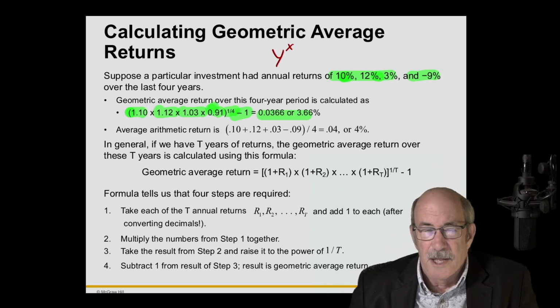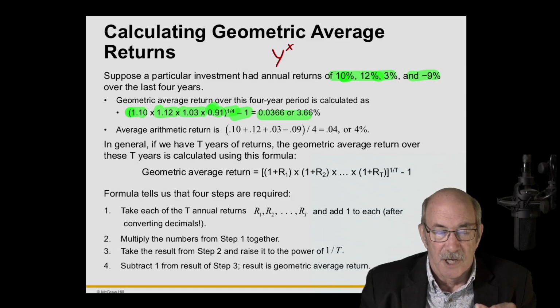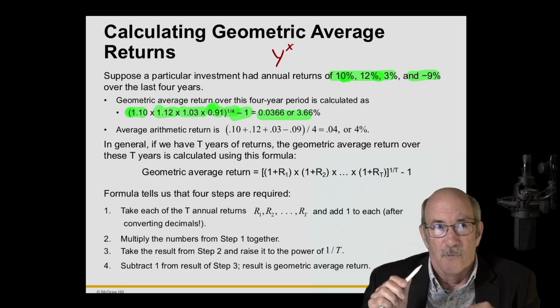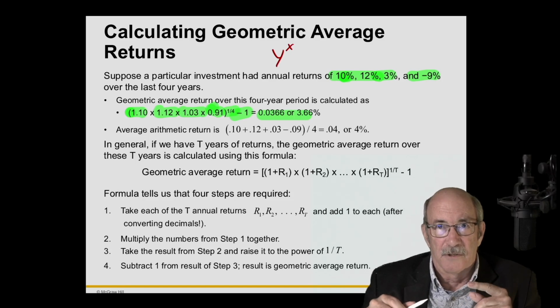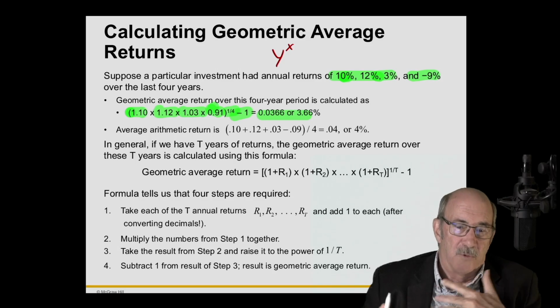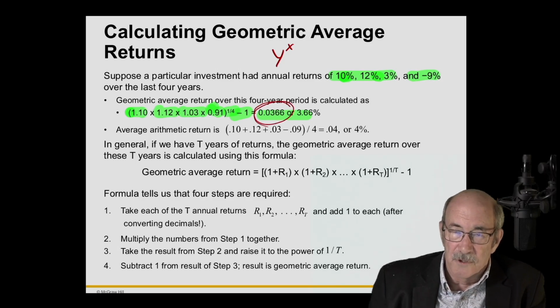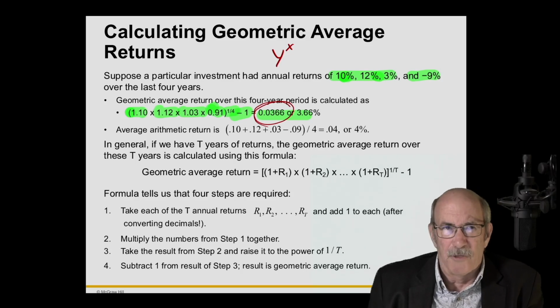So just use that. And so you would have the result of what's inside the parentheses, hit the y to the x button and then enter 0.25. That would take the fourth root of it, subtract the 1, and hopefully you'll end up with this same result here. But run through that math just to make sure you got it down.